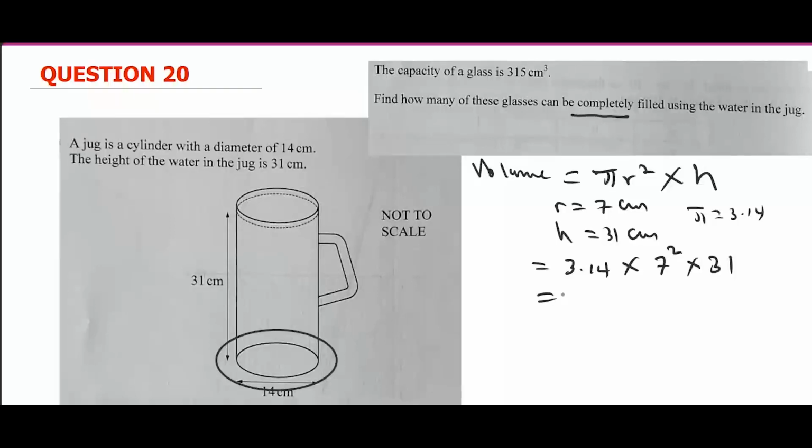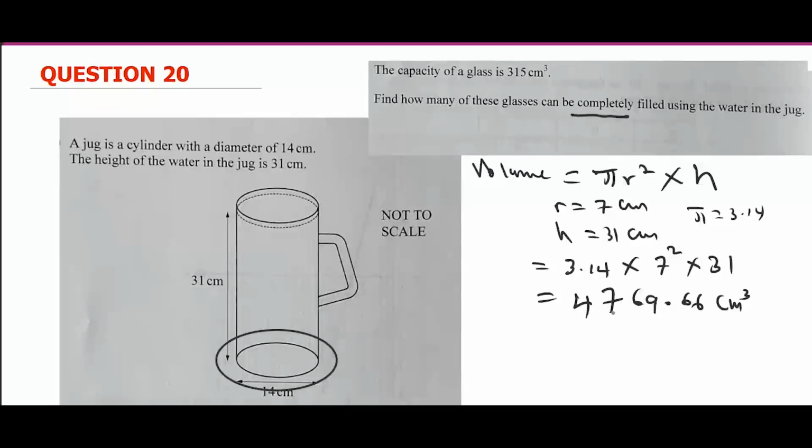You can take your calculator and press this. It will give you your answer. So this will give 4,769.66 centimeter cube. So this will be the volume of water inside the jug.